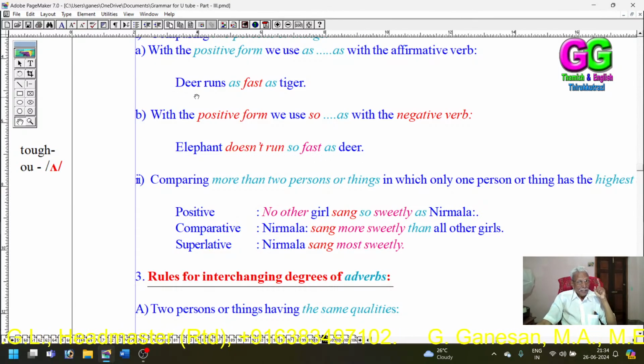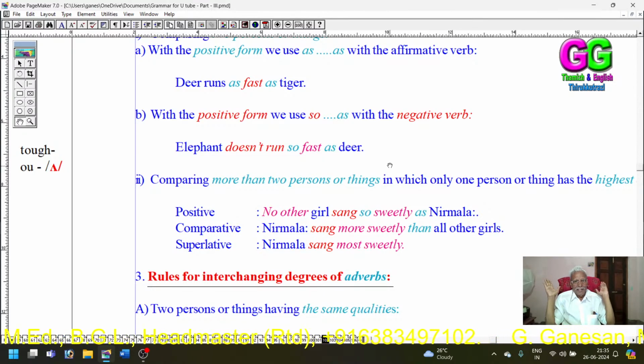So that is, deer runs as fast as tiger. The action is equal. But here, elephant doesn't run so fast as deer. Here, the action is different.